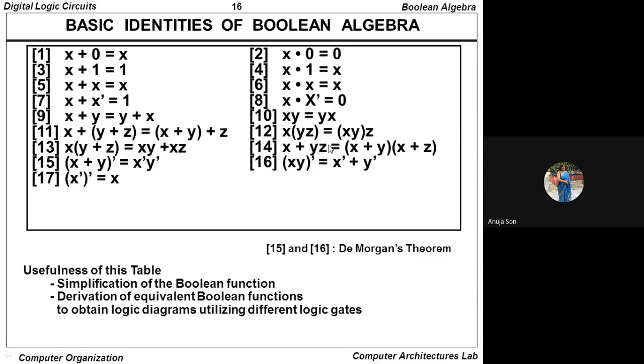You will find in the back exercise, as and when you get this kind of expression on the left hand side, x plus yz, it can be rewritten as the right hand side, and that further will help you to simplify the Boolean function. Simplifying the Boolean function means it will help you reduce the number of logic gates in the logic circuit diagram eventually.